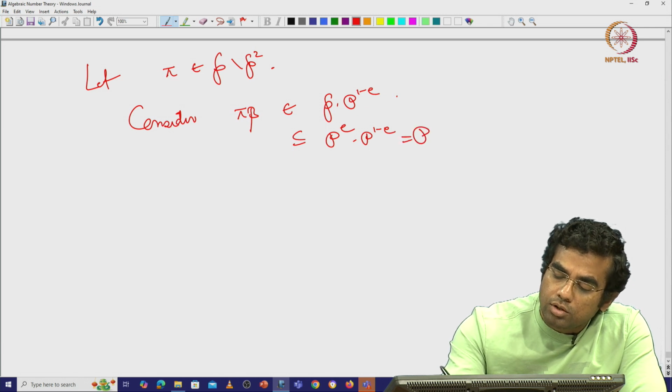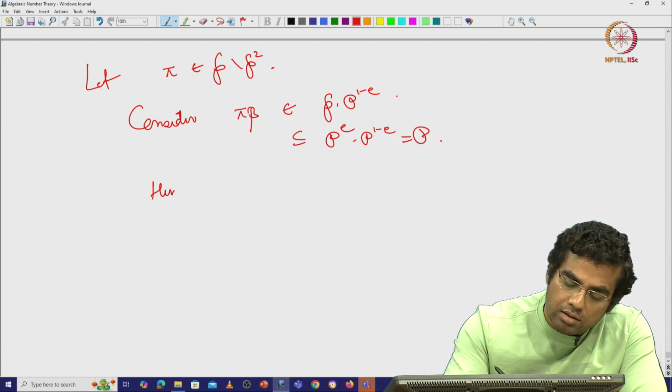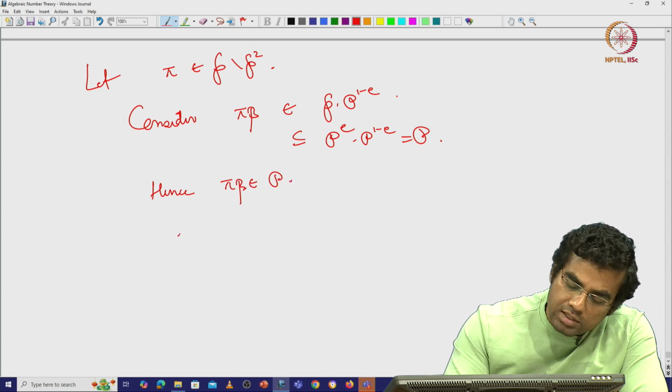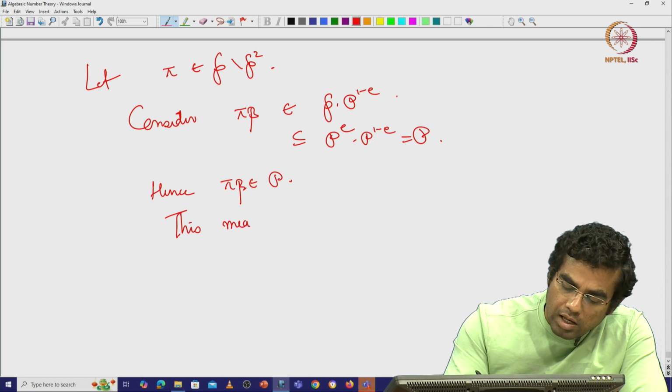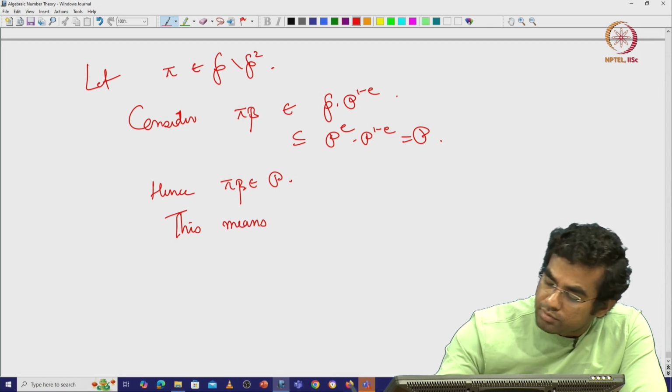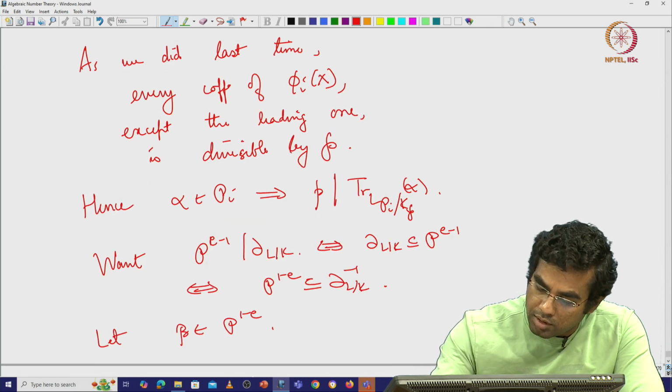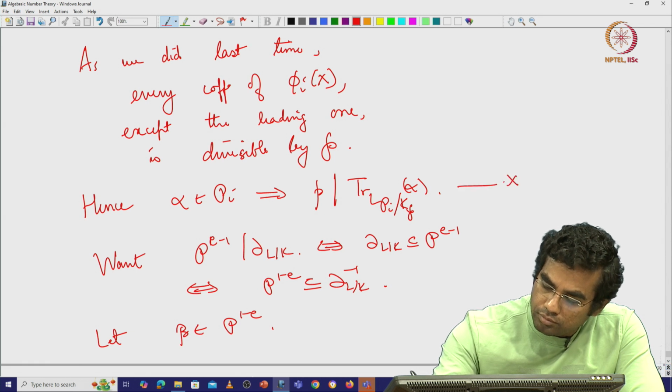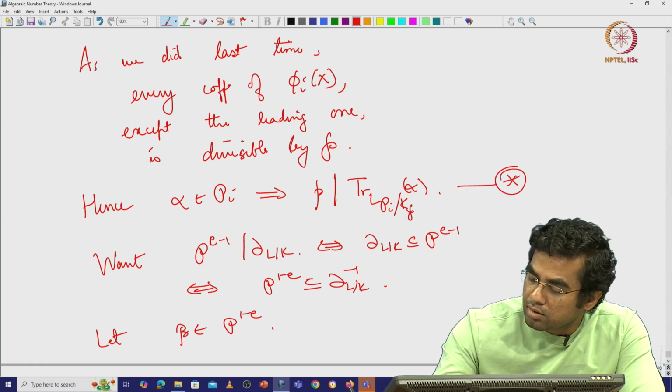So this is equal to p, hence pi beta is in p. This means, as we just proved here, let me number it. So this is star, let us say.